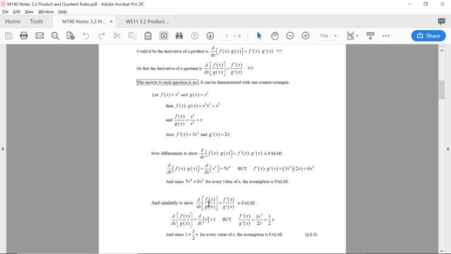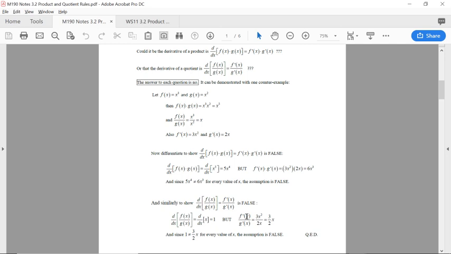You can find the quotient algebraically and then take the derivative of the result, and that would give you a correct answer. So for instance, f of x divided by g of x, x cubed divided by x squared, would just equal x. And then the derivative of x is just 1. That would be the correct value of the derivative of this quotient, x cubed over x squared.